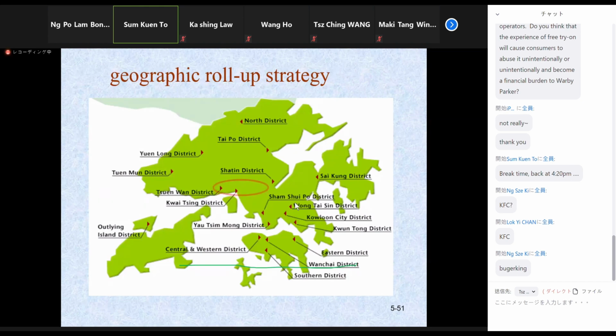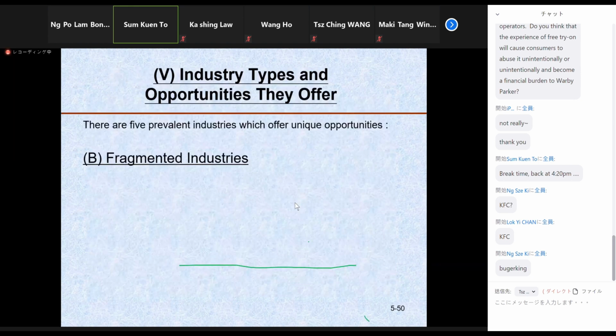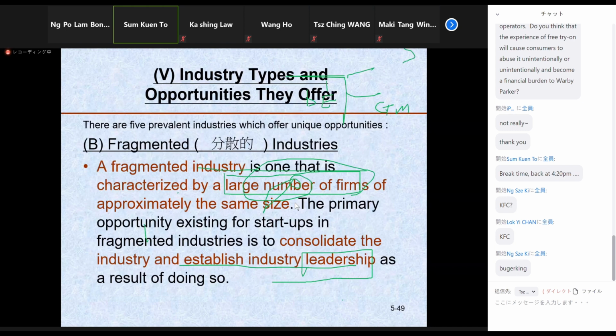You start from Sha Tin, and I have a shop in Sha Tin, only one shop, as a startup, as a small operator. And there are a lot of shops similar to your business all over the territories, in all 18 districts. What you should do is try to become a leader by geographical roll up.